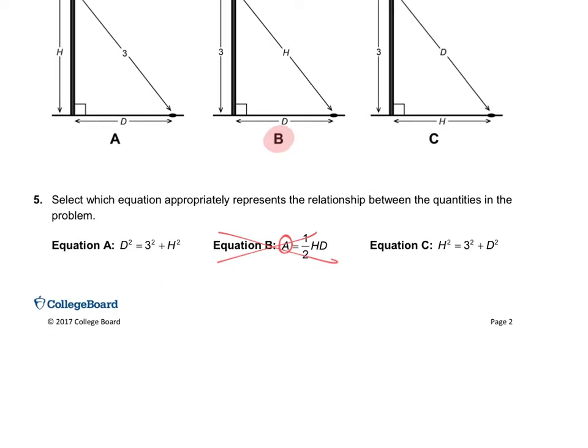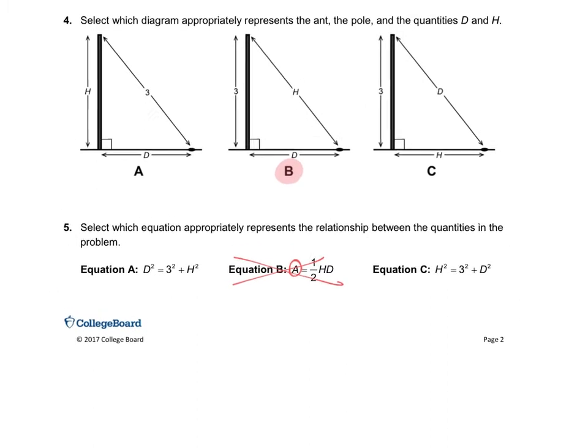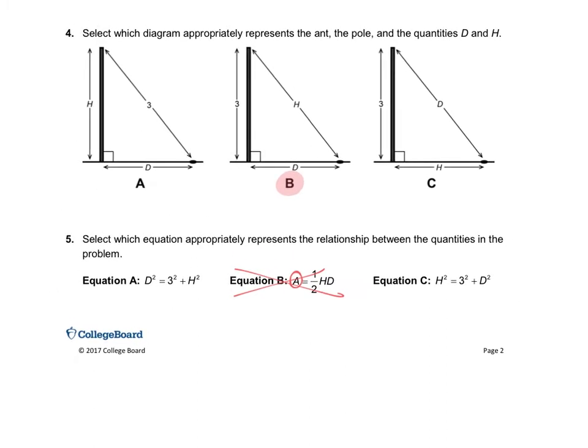You want as few variables as possible. You don't want to be introducing new variables unnecessarily. And then the other ones are just, which one's the correct Pythagorean theorem. For us, with this drawing, the hypotenuse is h, so that gets squared by itself. So this equation C appropriately represents the relationship between the quantities in the problem.